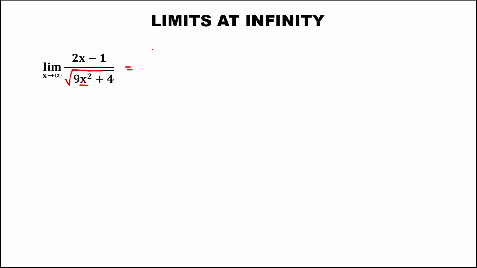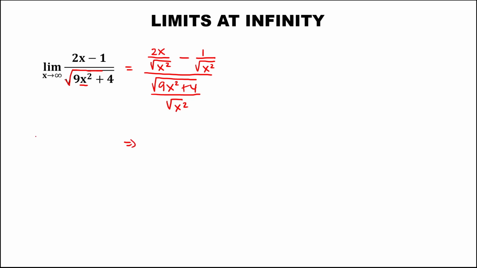So this becomes 2x over the square root of x squared, minus 1 over the square root of x squared, all over the denominator. Also the denominator: 9x squared plus 4, over the square root of x squared.